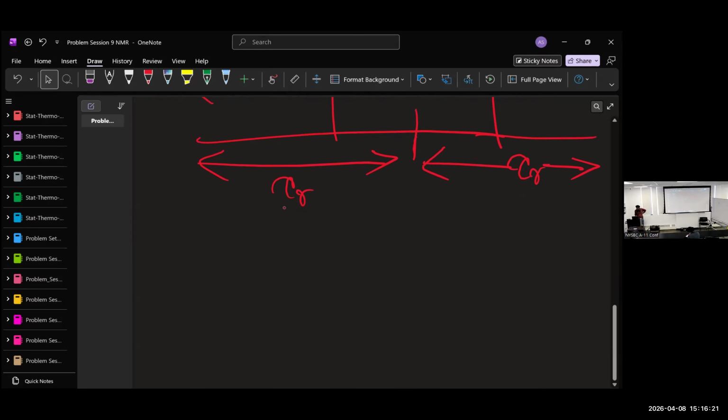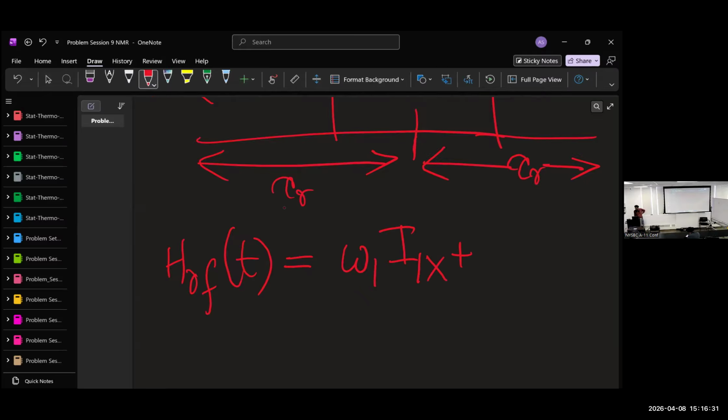So if I were to write H_RF of t, for the case that we discussed in class, we had something like this.